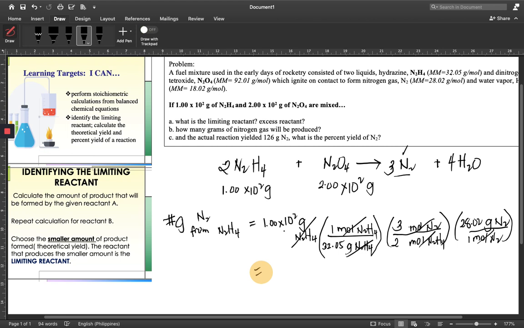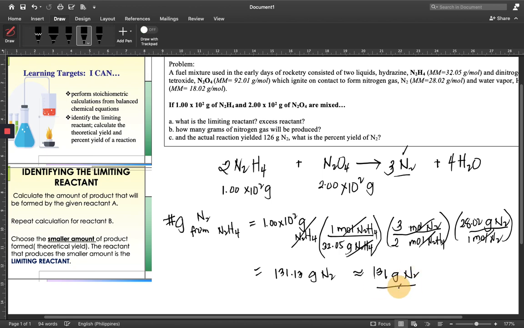So that is 1.00 exp2 divided by 32.05, and then times 3 divided by 2 times 28.02. Alright? So you have an answer of 131.13. This is grams of N2. Alright, so since the given is in 3 significant figures, we may end up with 131 grams of N2.